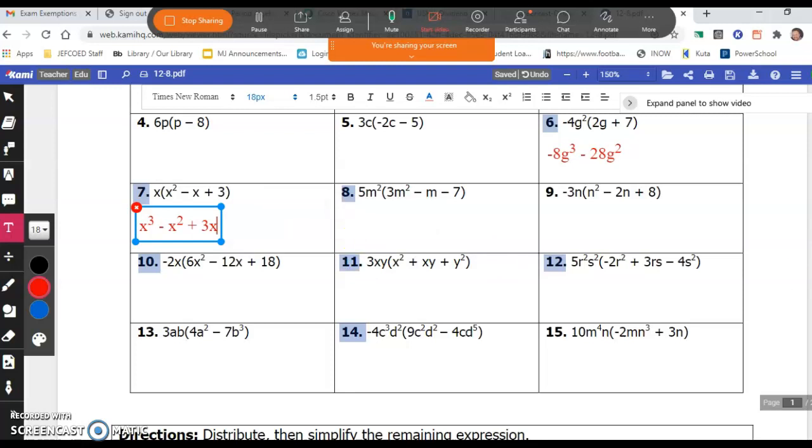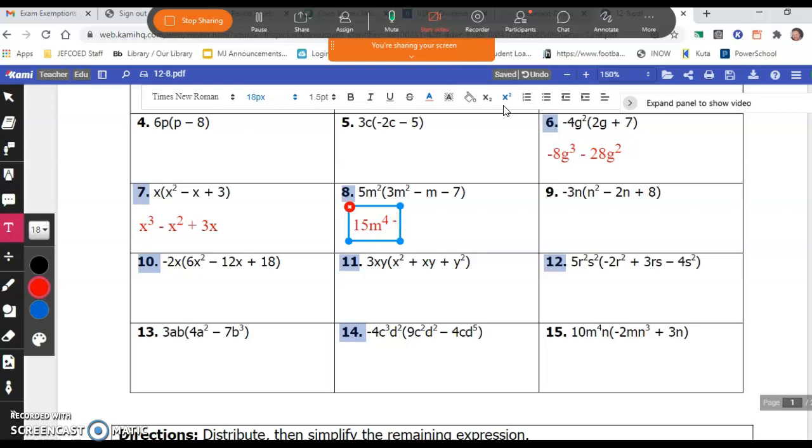5m squared times 3m squared minus m minus 7. So let's distribute 5m squared to everything in the parentheses. So 5m squared times the 3 is going to be what? 15. And then m squared times m squared is going to be m to the 4th. Good. And then 5m squared times a negative m.